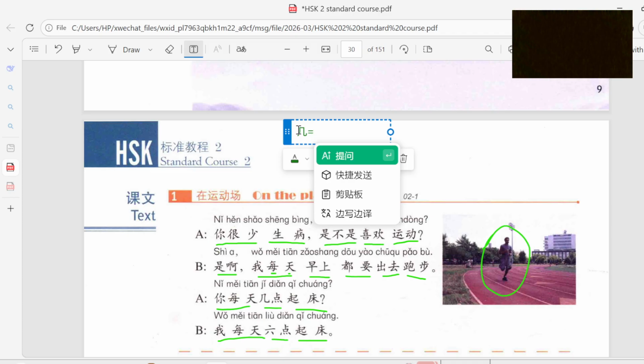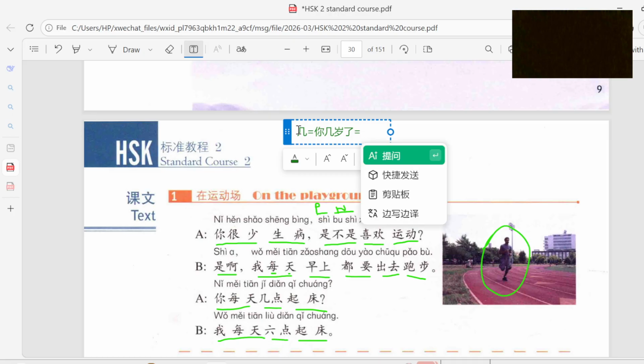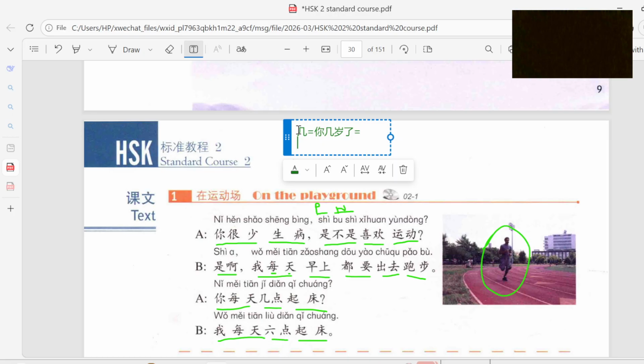So if you say 你几岁了? Asking how old are you. This is how old are you for a kid under 10 years. You see, in this case, 几 is used before a measure word. 岁 is age, but in this case, it's a measure word.